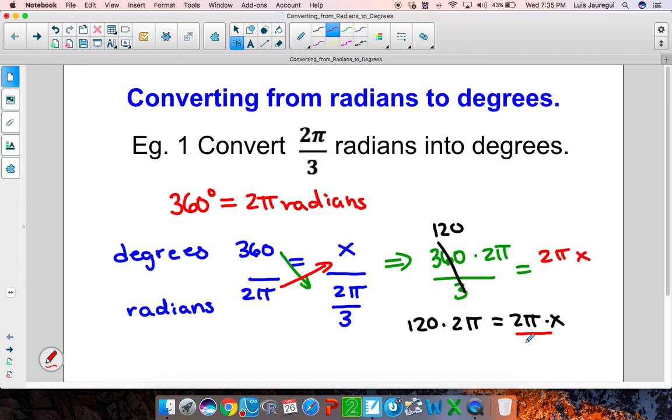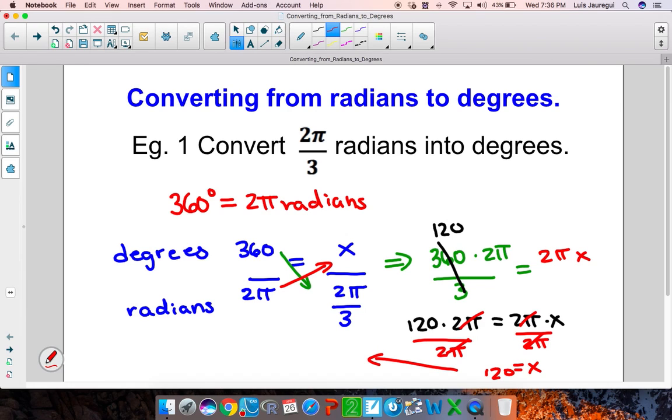So let me divide by the 2 pi on both sides of my equation. Notice that cancels: 2 pi divided by 2 pi is just 1, and 1 times x is just x. So x is equal to 120, since 2 pi divided by 2 pi is also 1, and 1 times 120 is 120. So x is 120.